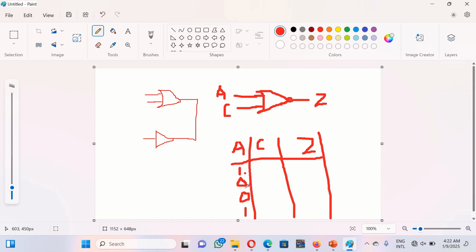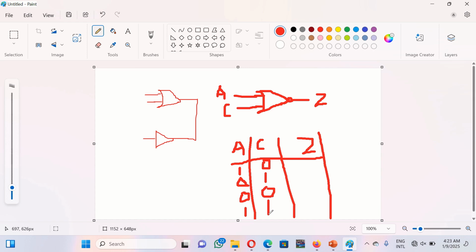The values here depend, okay? It could all be ones or all be zeros. So I have C. So let's say I have C 0 here. I have 1 here. I have another 0 here. I have another 1 here.